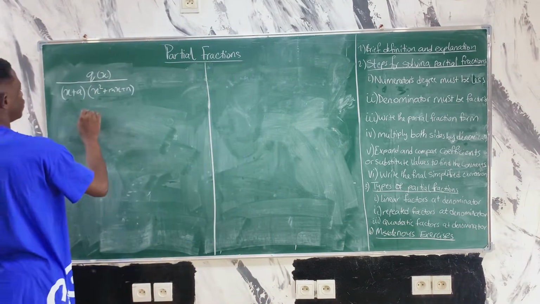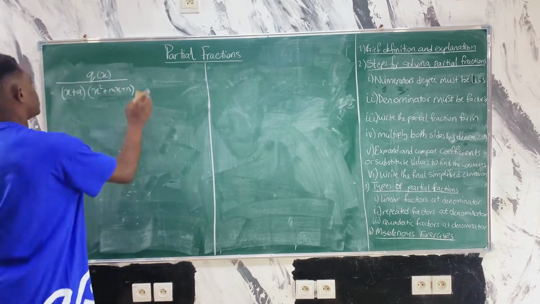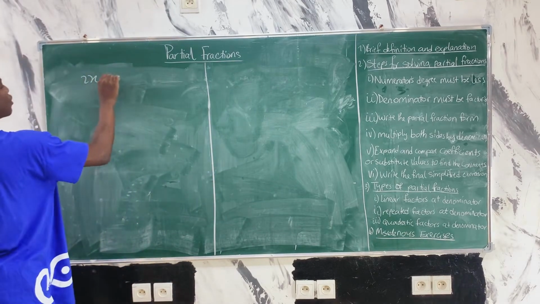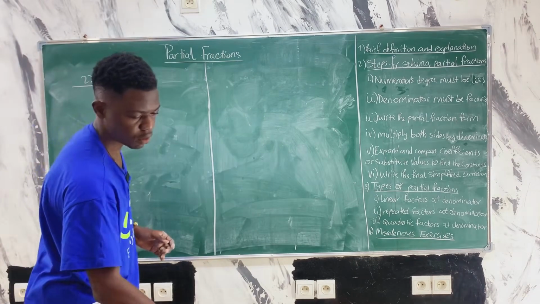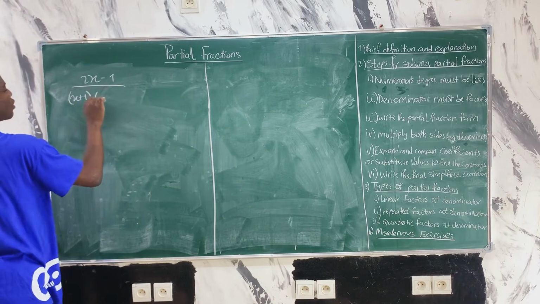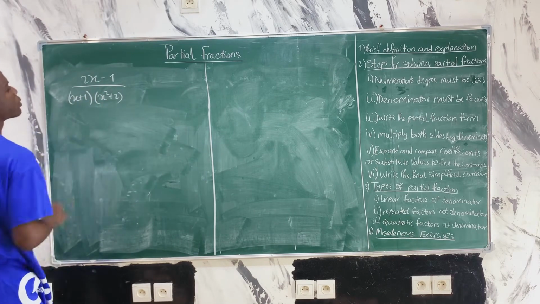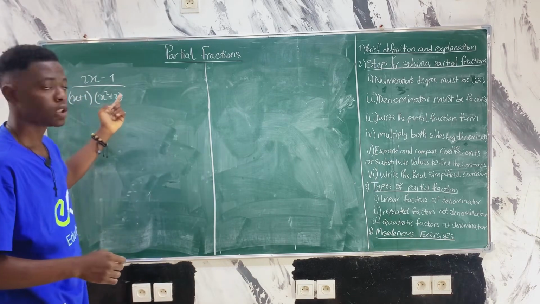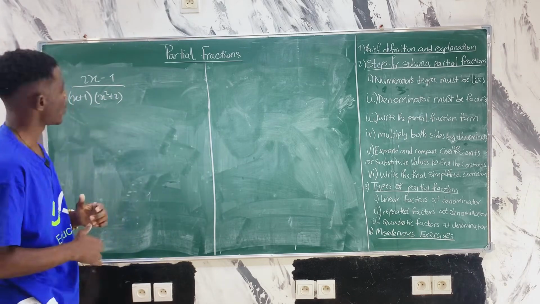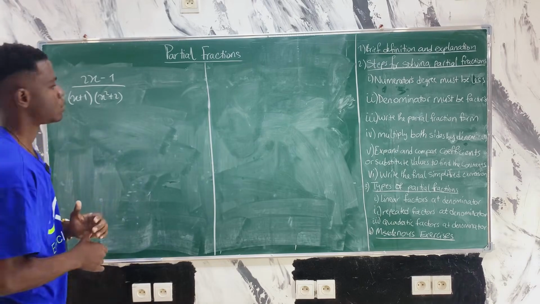We have 2x minus 1 all over x plus 1 into x squared plus 2. So how do we solve this?